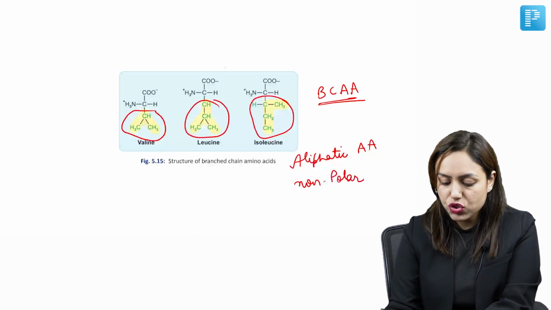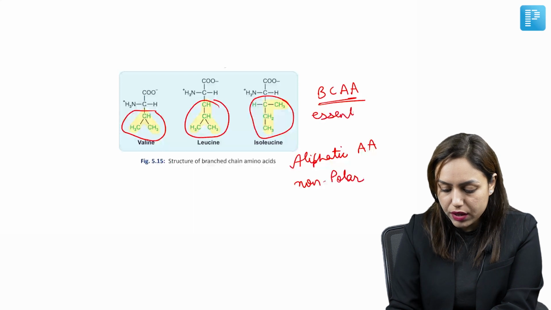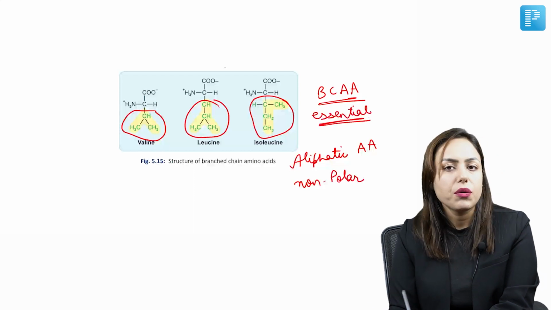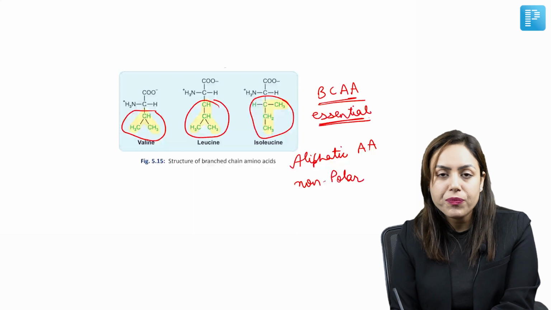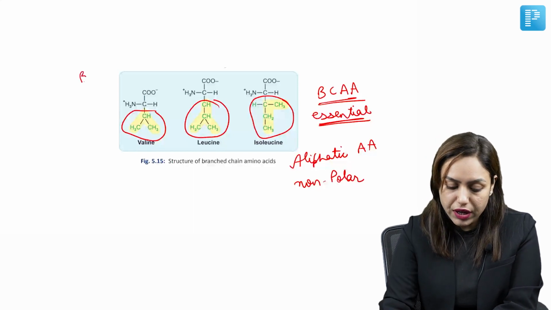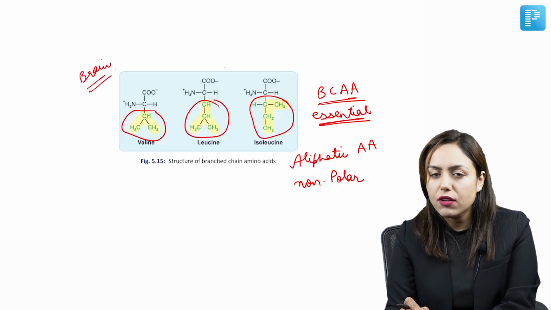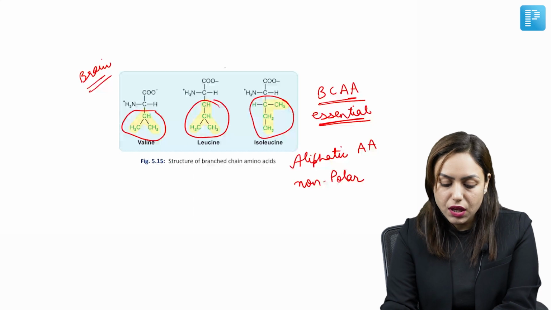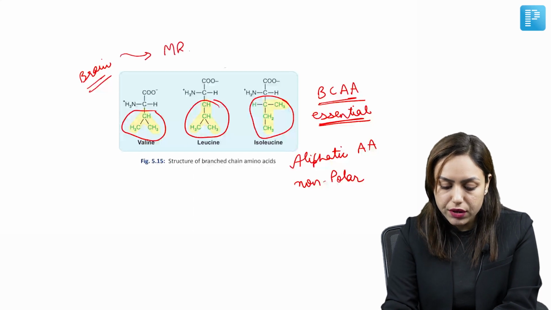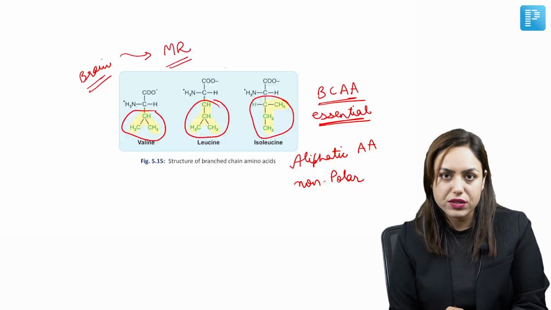These three branch chain amino acids are all essential in diet. Body cannot synthesize these three. And these are very, very important for brain. So any disease involving branch chain amino acids will lead to mental retardation and brain is affected, right?